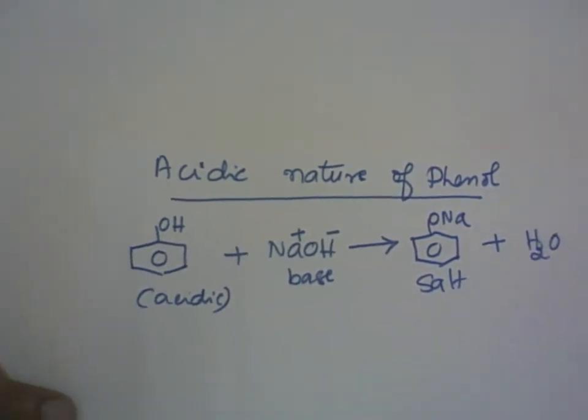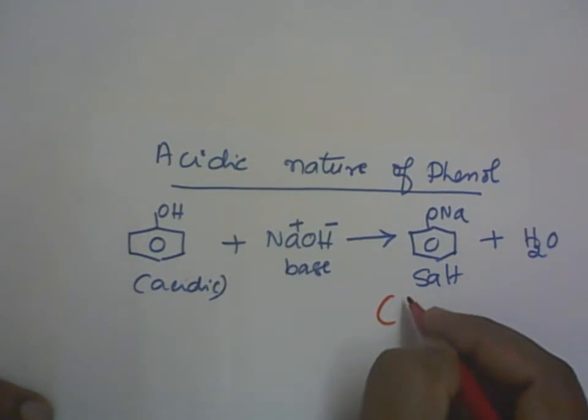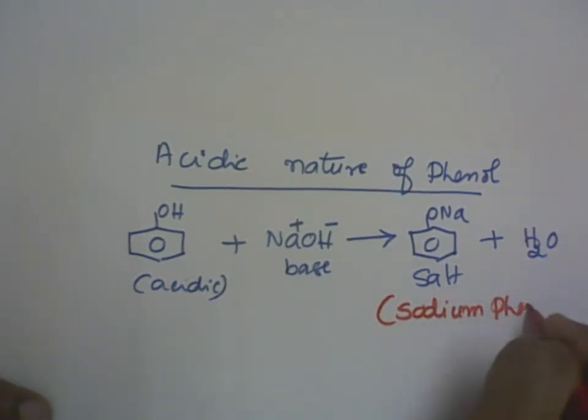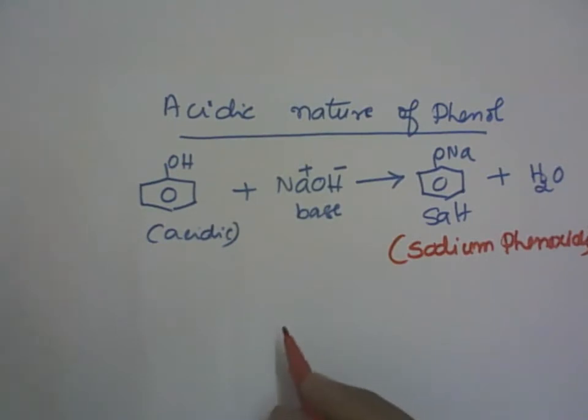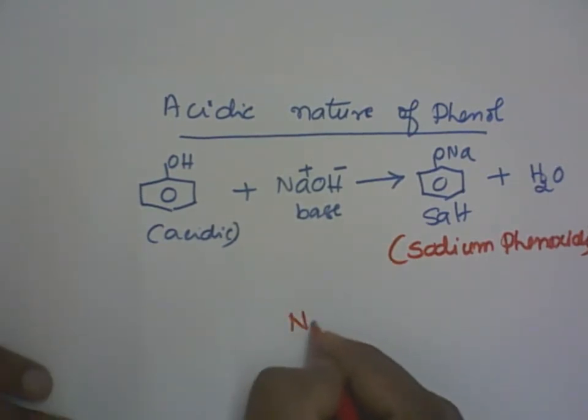Now, you know the name of this salt. This is called sodium phenoxide. Not only sodium hydroxide, I can use other strong bases. Sodium metal is also a strong base compared to sodium hydroxide.